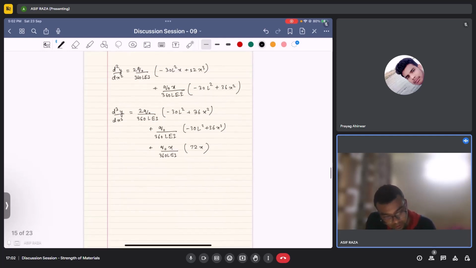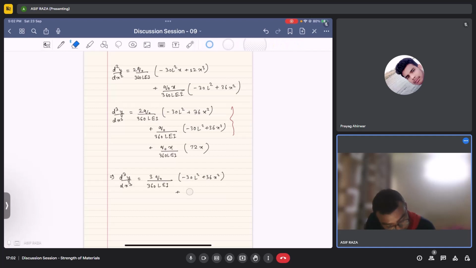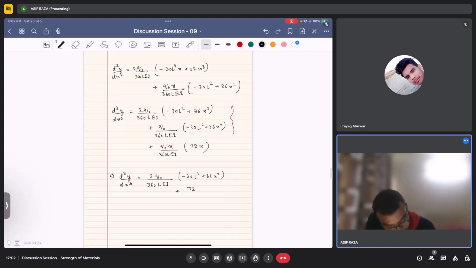So I can combine these two and write d cube y by dx cube is equal to 3 Q naught by 360 LEI times (minus 30 L square plus 36 x square) plus 72 Q naught x square by 360 LEI.